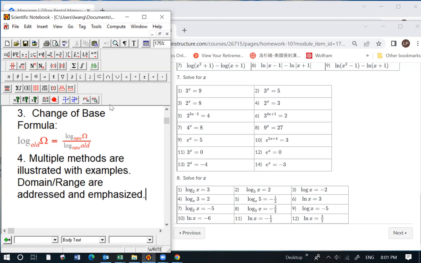Multiple methods for both. In particular, I wish you guys to compare the function perspective.